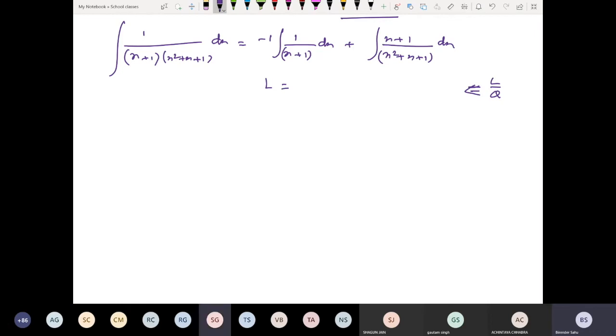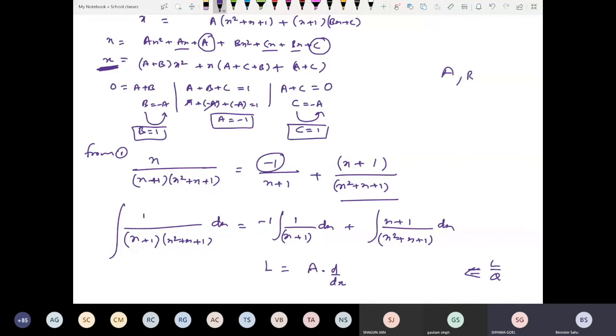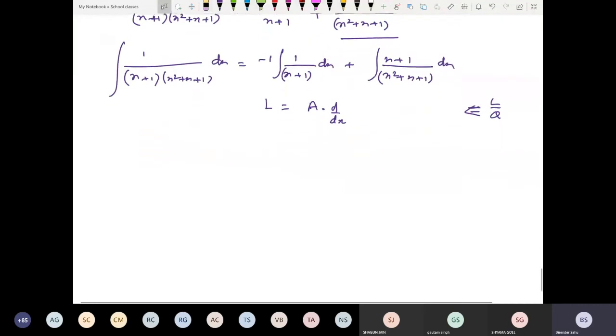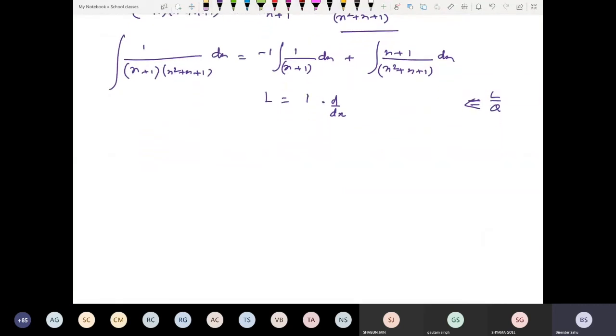Yes, linear would be equal to A times derivative of the denominator plus B. Since I've used here A, B, C, so I just want to change the name now. Or generally we write A only. Okay, but I can write here P also. There's no problem.